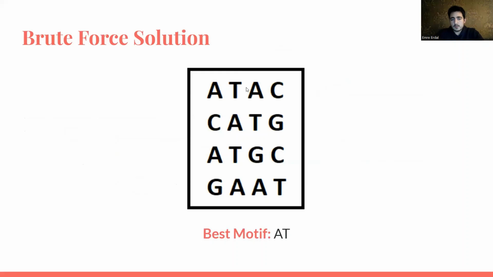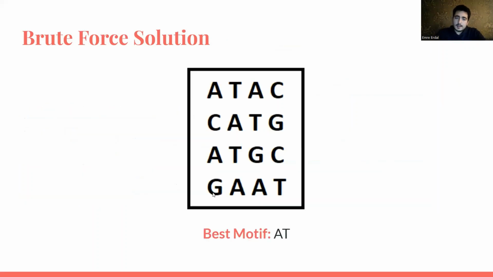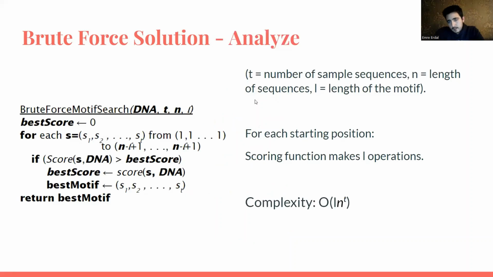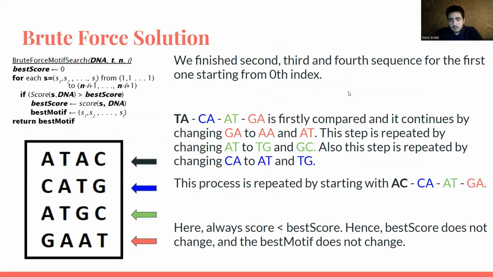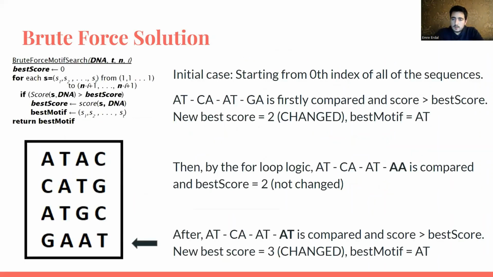It is 4 because we have 4 sequences starting with A, C, A, and G, and N is the length of the sequences. ATAC has 4 length, so if all of the sequences have 4 length, it is 4 also. And the length of the motif is mentioned as 2 in the initial stage, so it is 2.